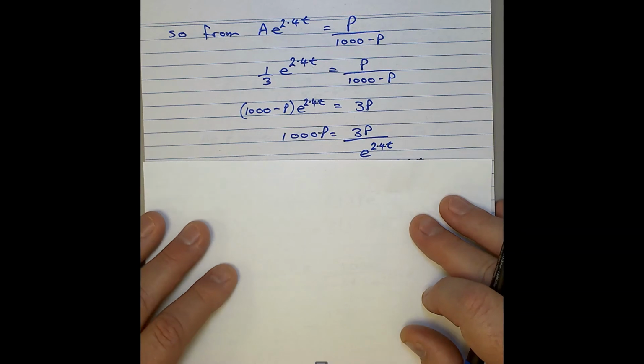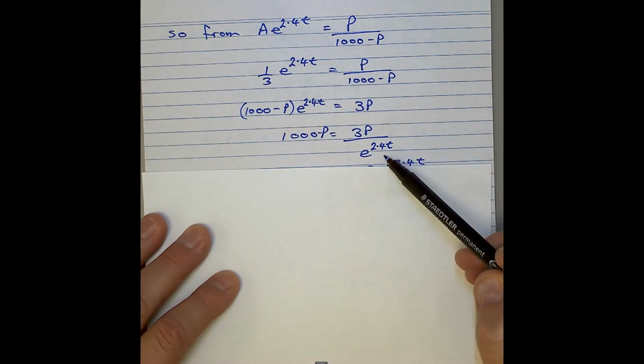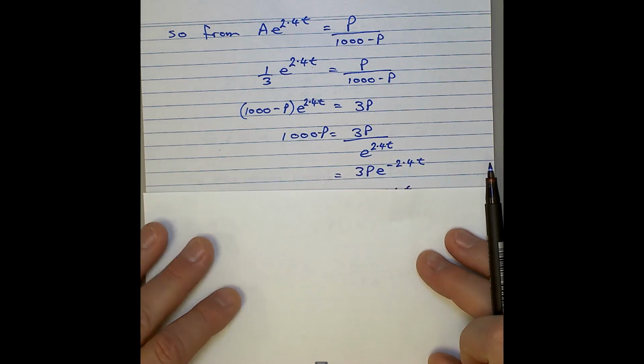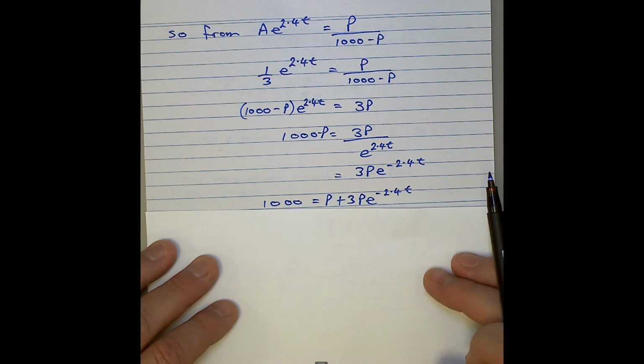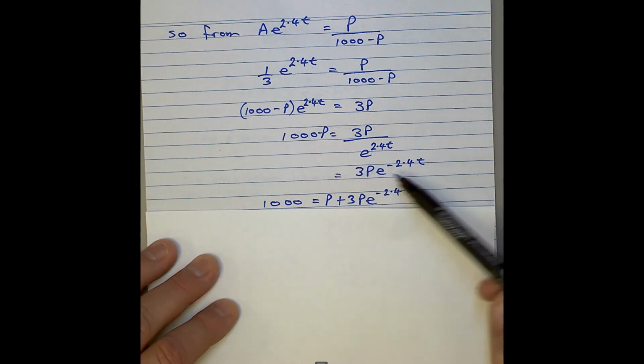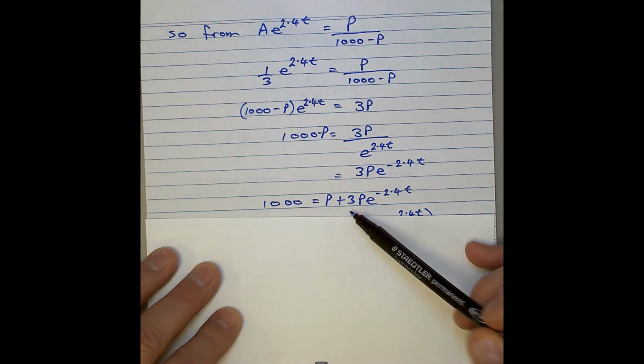To this line here, I've just divided by e to the 2.4t, and therefore I've got 1,000 minus P equals this. Add P to both sides to get this.